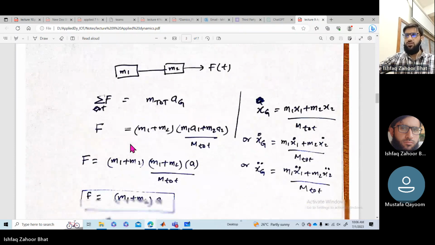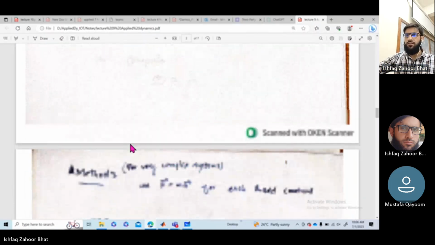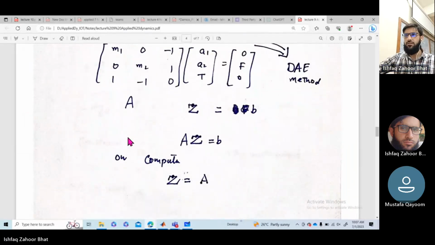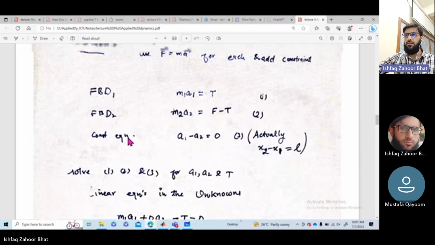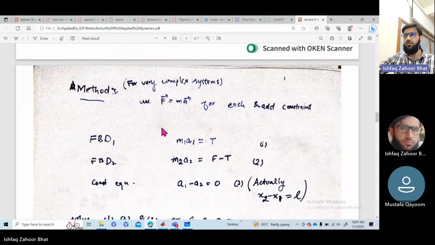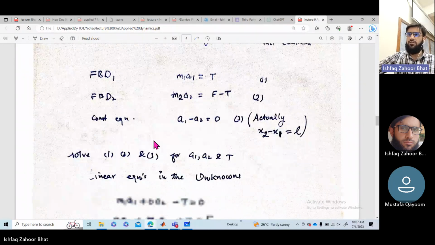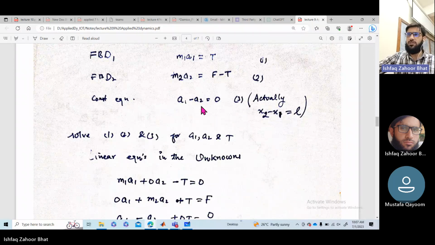Okay, so then what we did was something which we call a DAE method. In this we draw the free body diagram for the first mass and the free body diagram for the second mass, and we wrote the constraint equation in terms of acceleration.